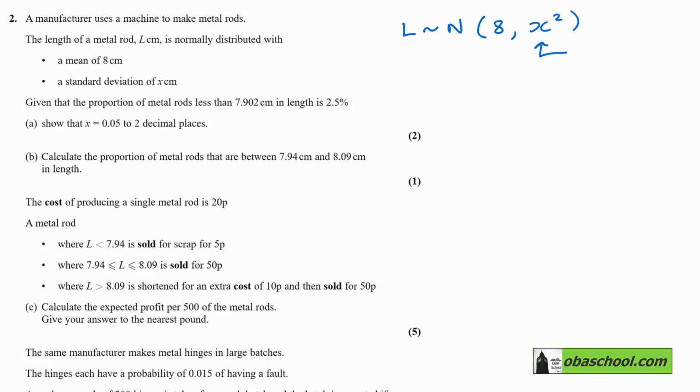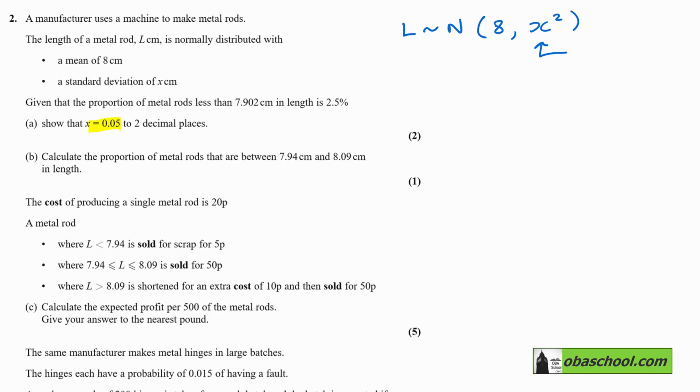Given that the proportion of metal rods less than 7.902 centimeters in length is 2.5%, we want to show that x is 0.05 to 2 decimal places.